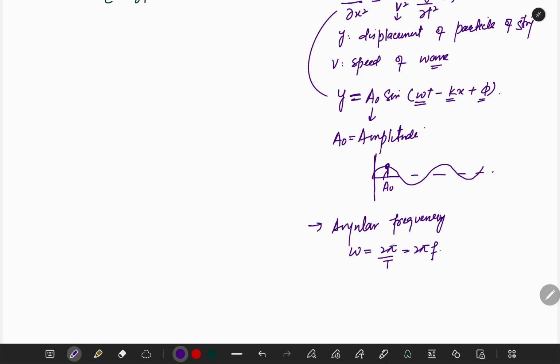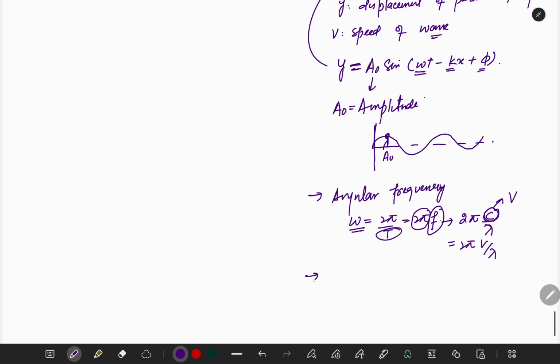Here 2 pi is a constant, f is the linear frequency, and this is the angular frequency. We can also write it as 2 pi v by lambda, because v is the speed of the wave in a string.